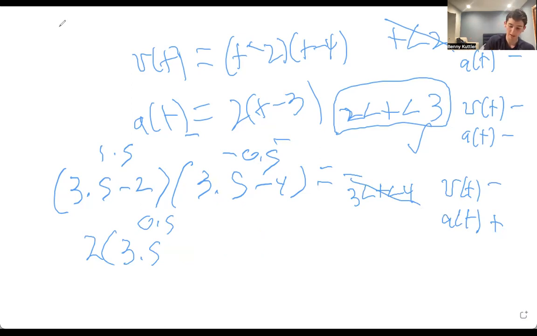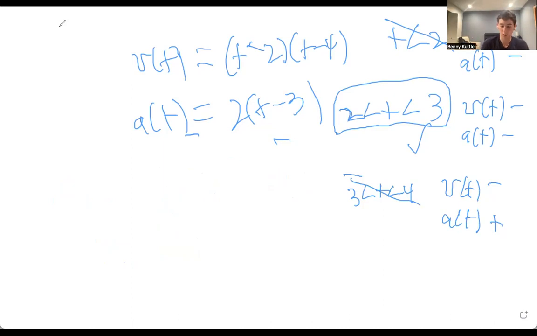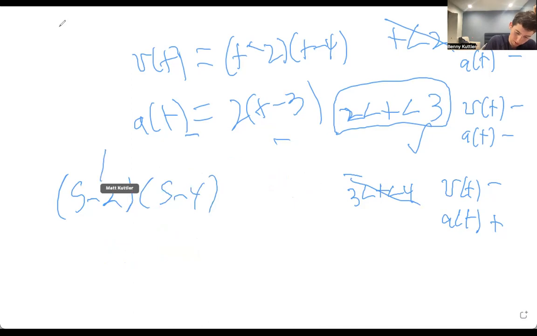Okay, and our last interval that we can check is when t is greater than 4. So let's try 5. We don't have to do a fraction because we're not doing between 2 points. We don't need to do 4.5 just because we're not bounded by another number. So if we plug in 5 minus 2 times 5 minus 4, these are both positive.